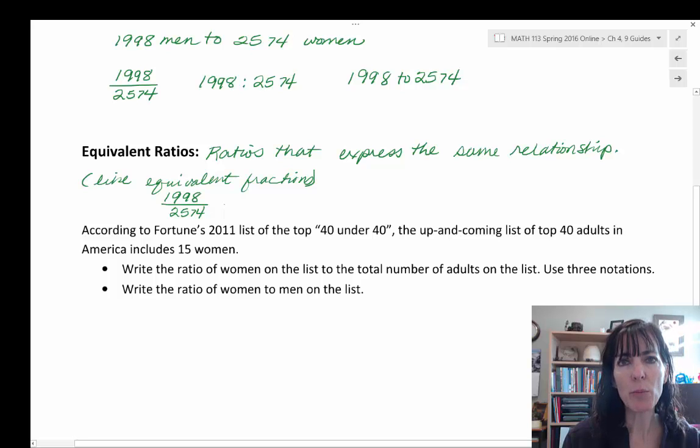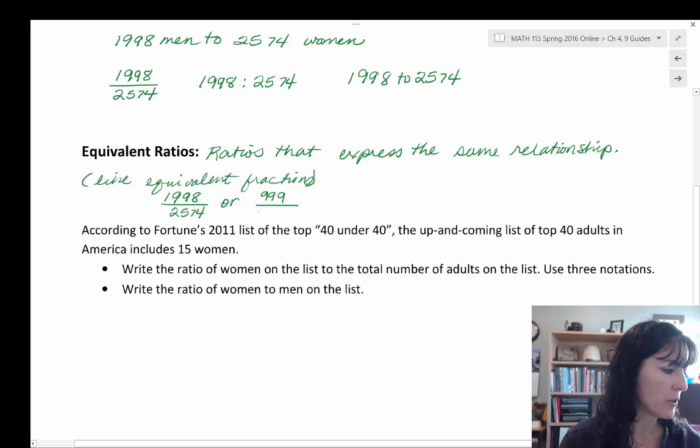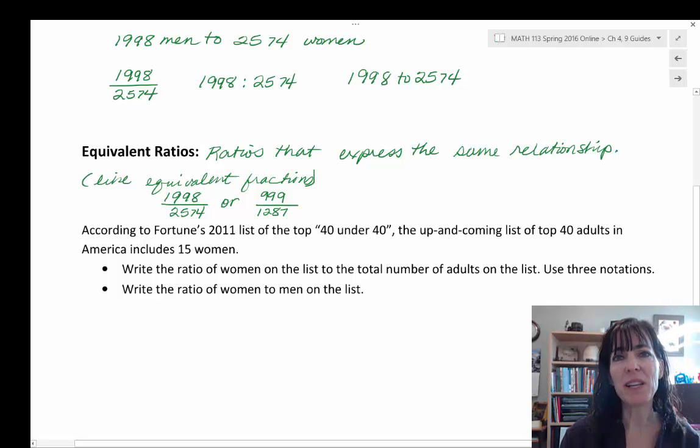And I can see that they're both even numbers. I can divide the numerator and the denominator each by 2, and then I can write an equivalent fraction, which would be 999 over 1287.